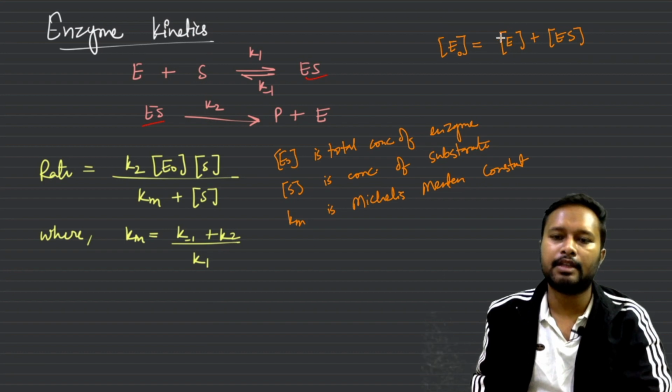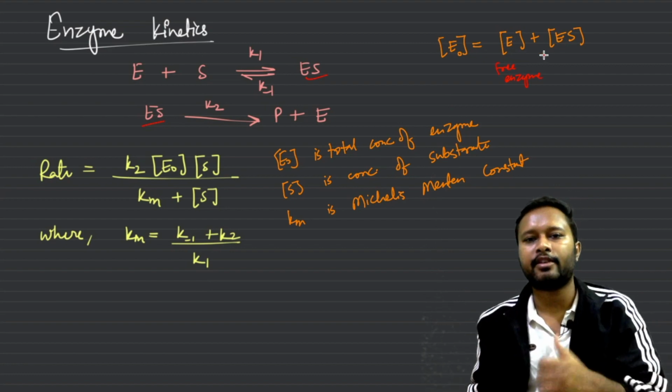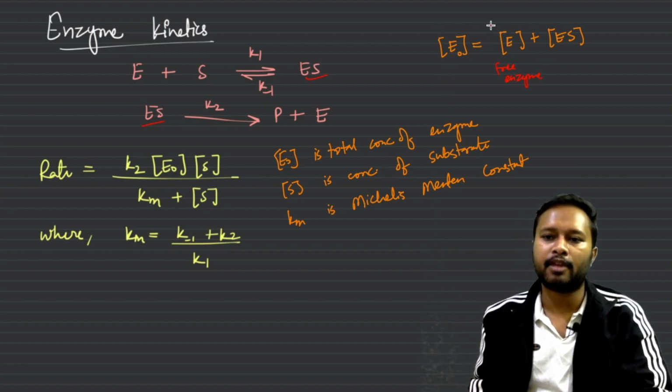Here E0 is the total concentration of your enzyme, E is the enzyme which is freely available, these are free enzymes, and ES is your enzyme substrate complex. So the concentration of free enzyme plus the concentration of enzyme which has formed the complex, if you add both of them, you will get the total enzyme. That's what this expression is telling you.